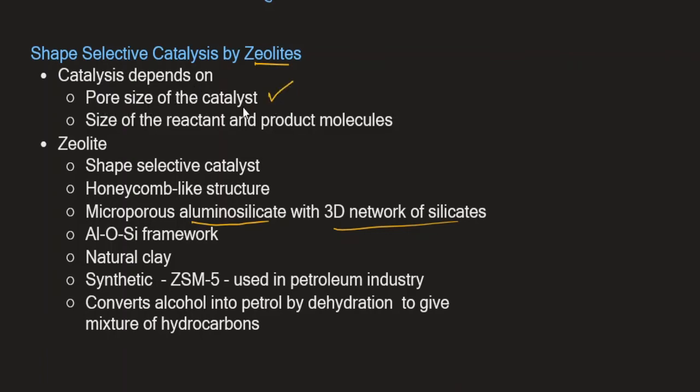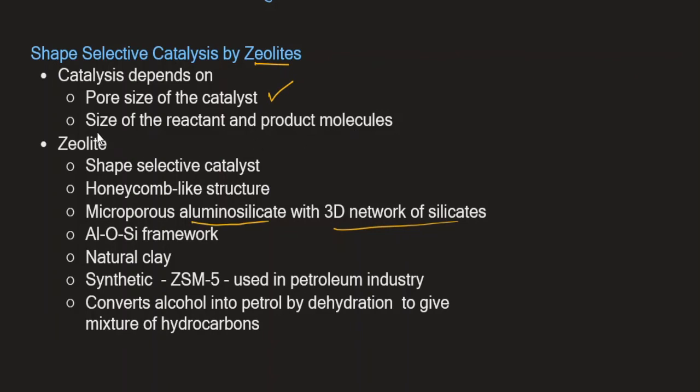That is very important. When it forms a honeycomb-like or cage-like structure, how about the porosity of that structure? What is the diameter of that pore? These are all very important as far as the catalyst is concerned.